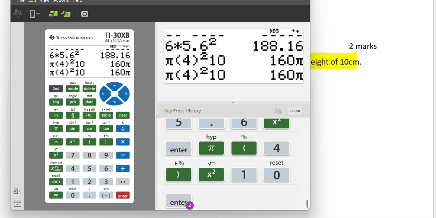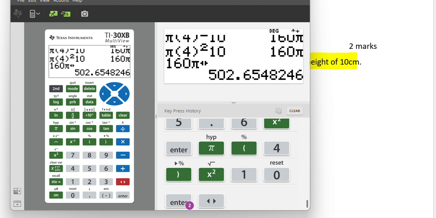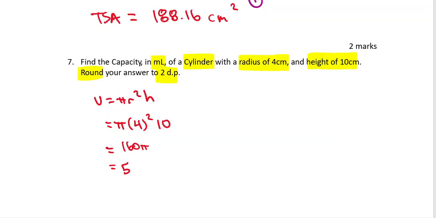That gives me 160 pi, which is 502.64 centimeters cubed. So this is the volume right here. Now we need to convert this into milliliters.